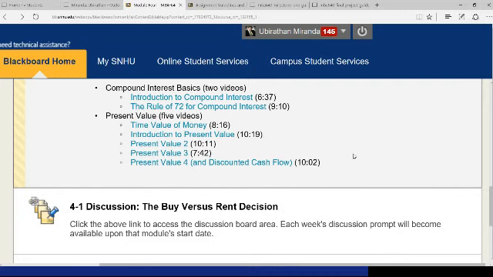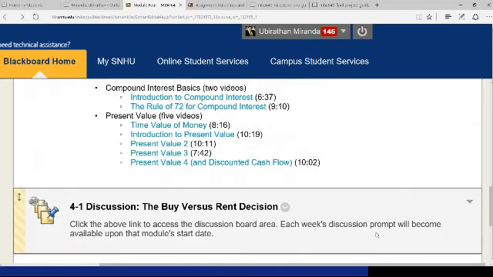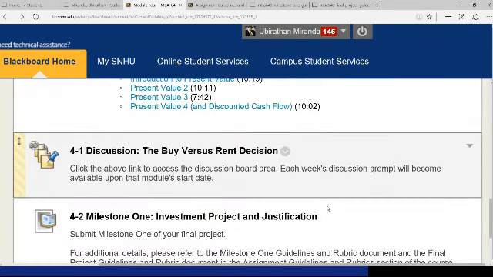It will come in handy, particularly on the buy versus rent decision that you make, as well as on your milestone assignments. So this is something that you're going to have to get under your belt. But the concepts are not very hard. They're very easy to get, especially if you don't have a financial background. You're going to be astounded how easy this is, and how easy to absorb this concept is.